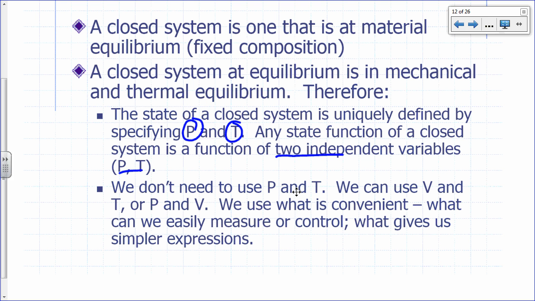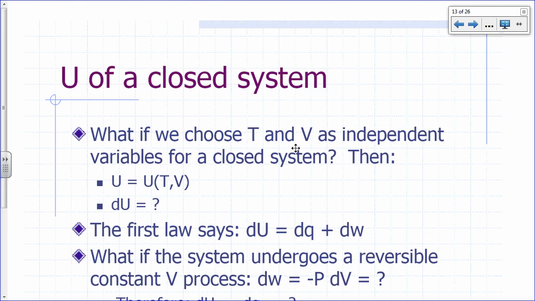We can pick any pair of variables as our independent variables. We can use V and T or P and V. We use whatever is convenient. So whatever it is we can easily measure or control in the situation we're dealing with. It's preferable to use variables that will give you simpler expressions, mathematically.